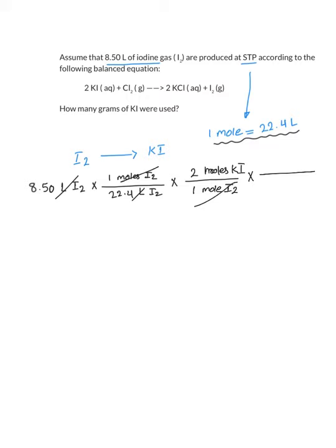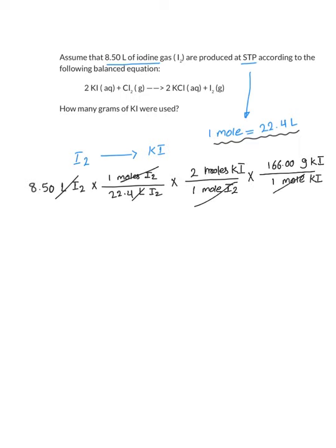If you use the periodic table, the molar mass of potassium iodide is 166.00 gram for 1 mole of potassium iodide.